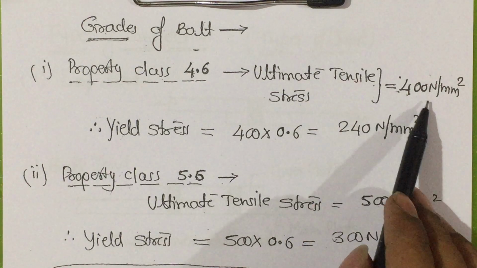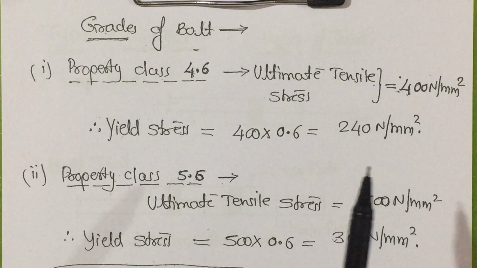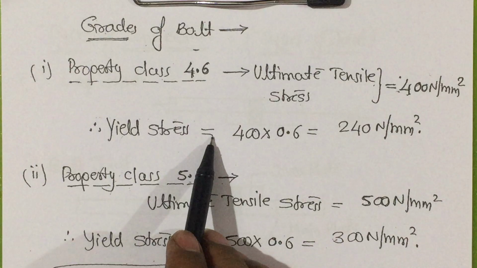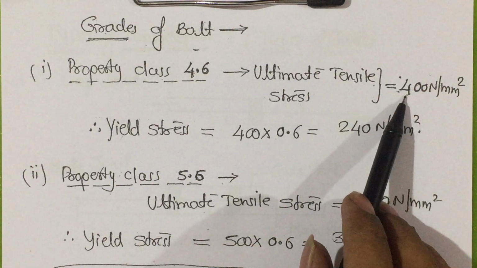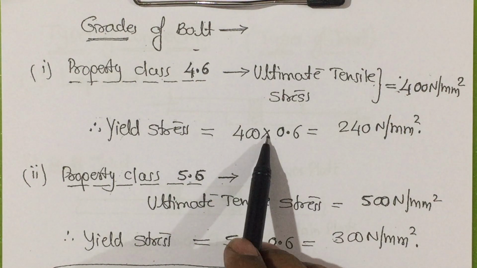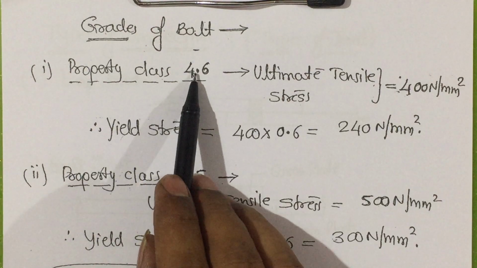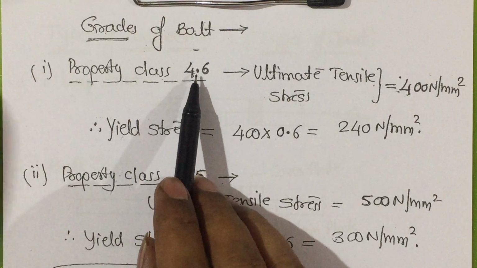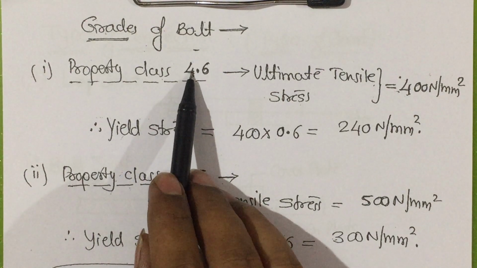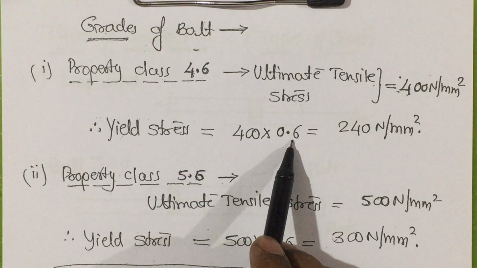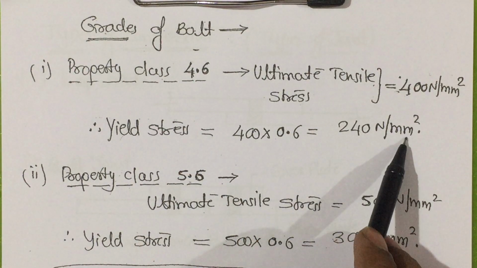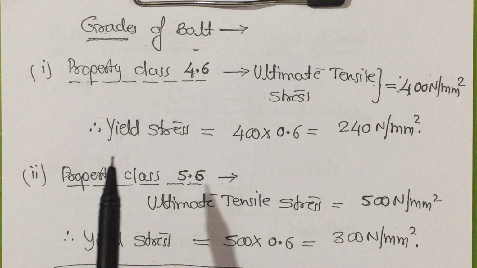So, ultimate tensile stress is 400 Newton per mm square. Therefore, yield stress is given by this ultimate tensile stress multiplied by the value after the decimal, that is 0.6. So, multiplying, you get 240 Newton per mm square, that will be the yield stress.